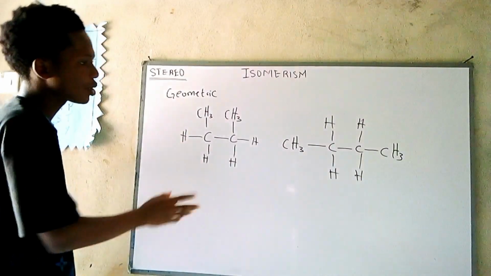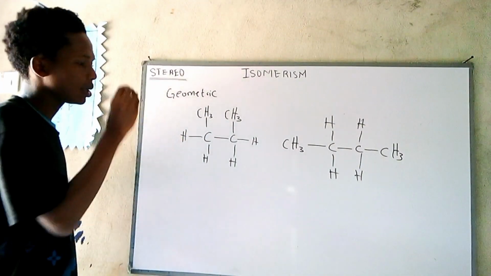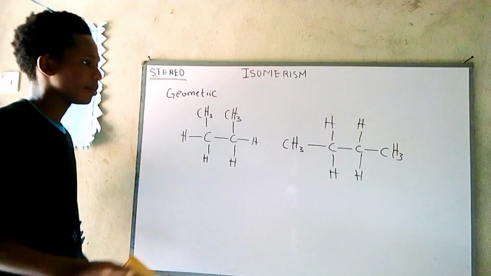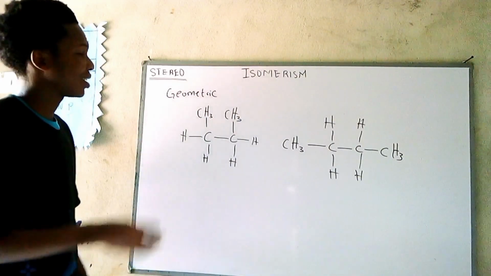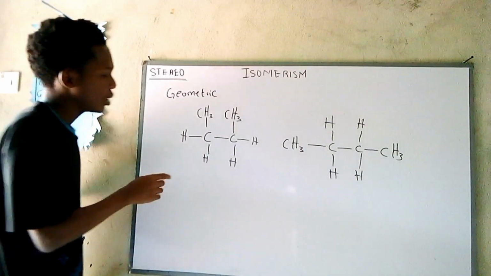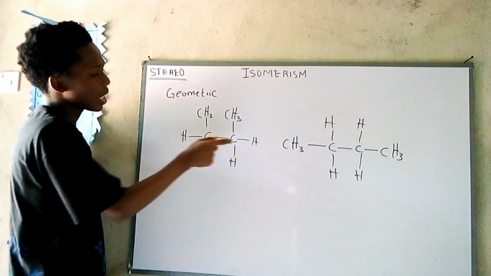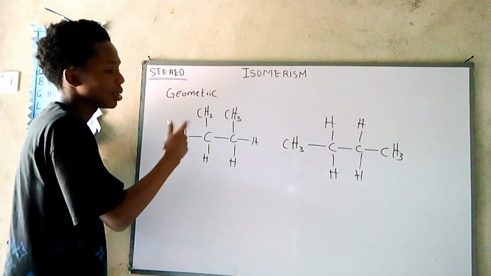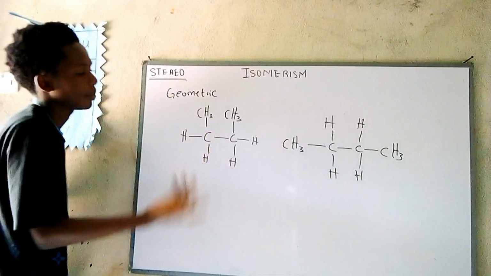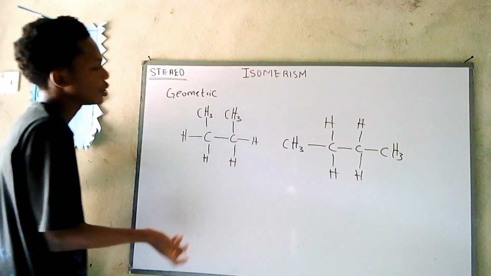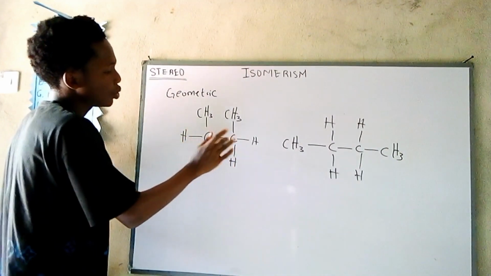Now looking at this compound, is this compound different from this? Actually they are the same, but they look like they are different. If you want to name this, how do you name this compound? We can count from anywhere because it's the same substituent. Let's count from 1, 2.